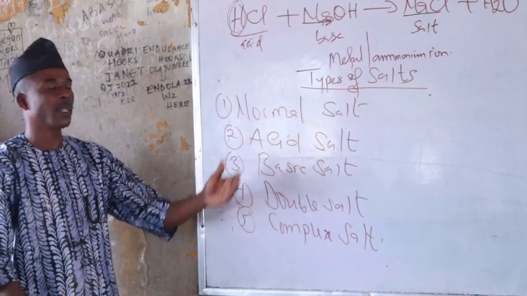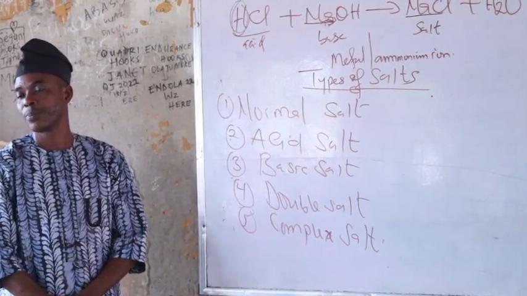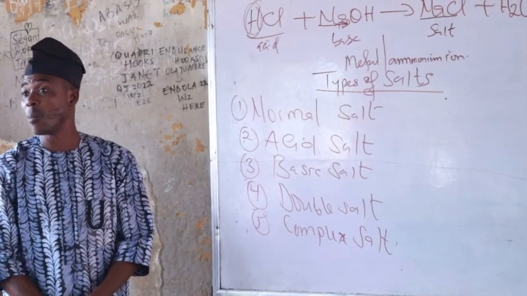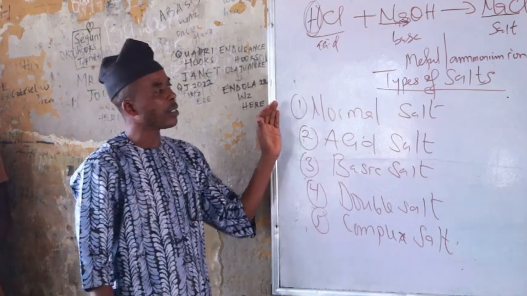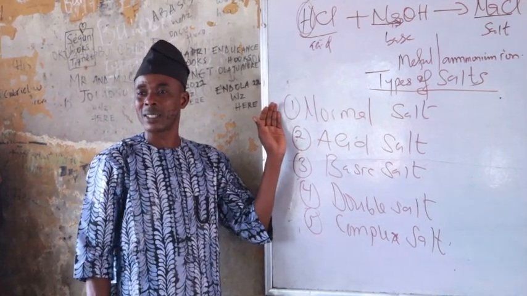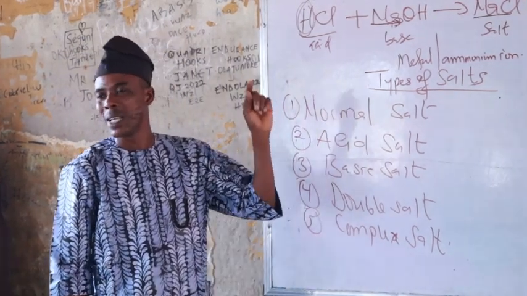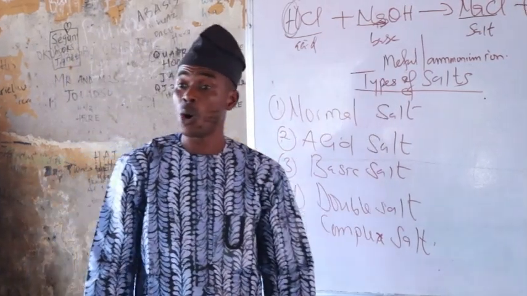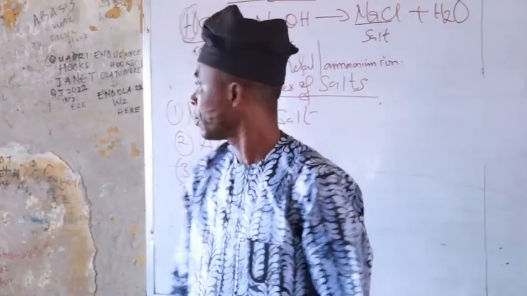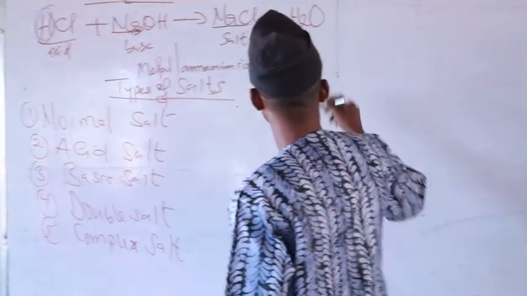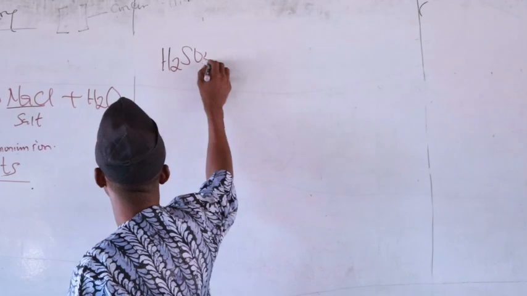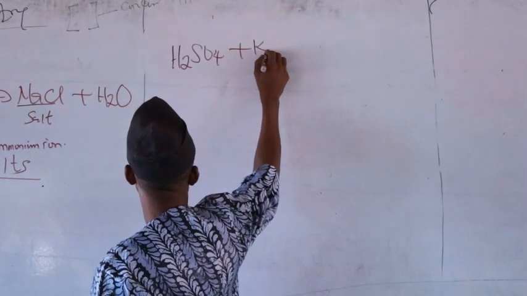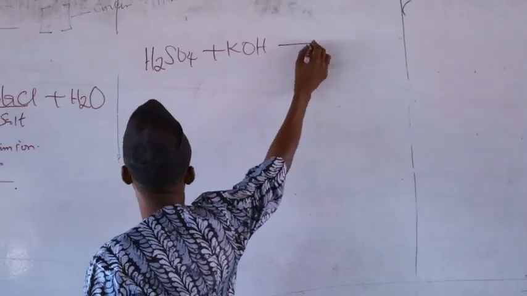When do we have a normal salt? A normal salt is formed when the replaceable hydrogen ion of an acid is completely replaced with a metal or ammonium ion. An example is given like this. Then we have H2SO4 combining with potassium hydroxide.